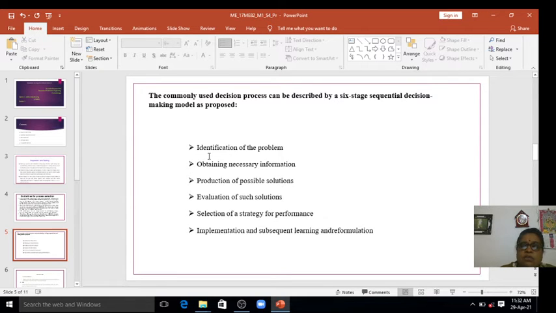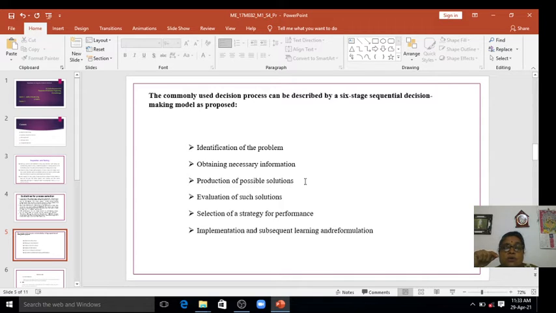Then comes production of possible solutions, like objectives and related methodology. Once you find a possible solution, you have to evaluate it.